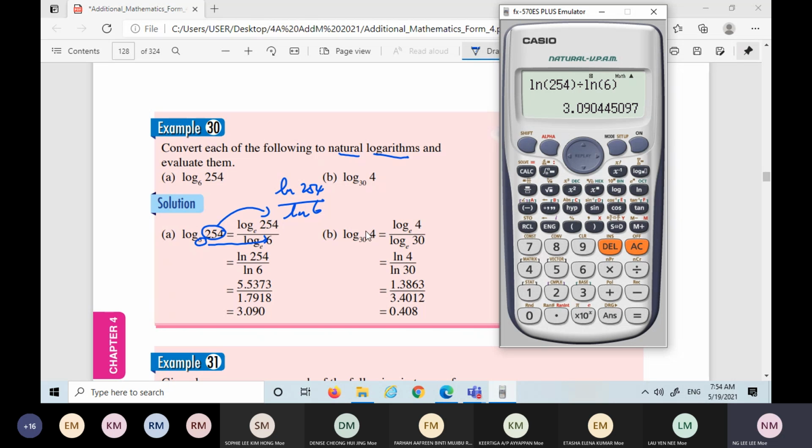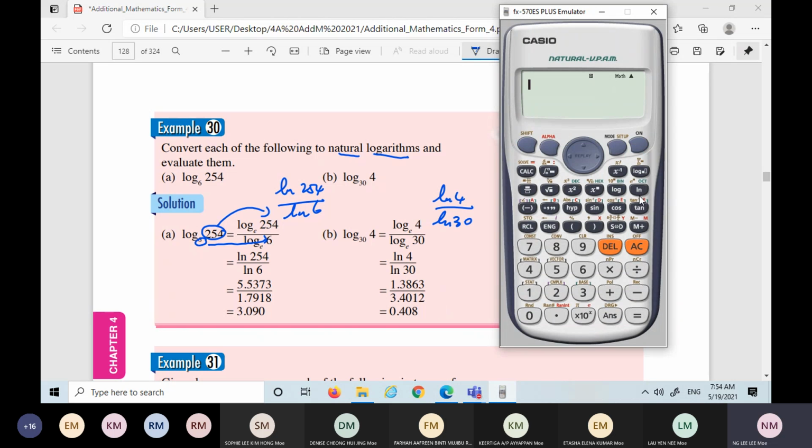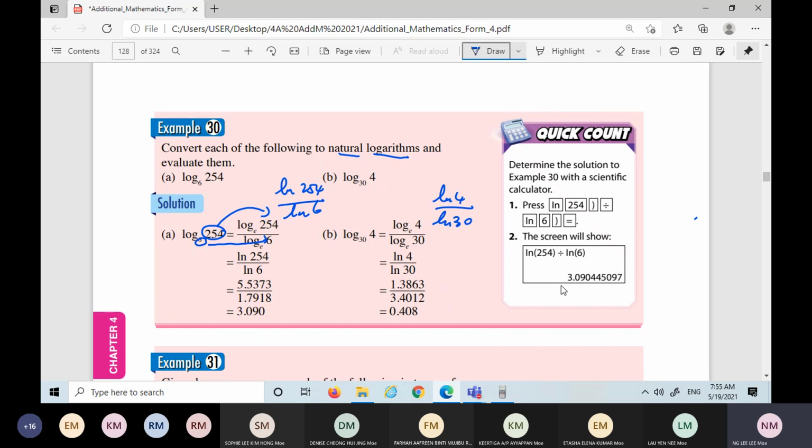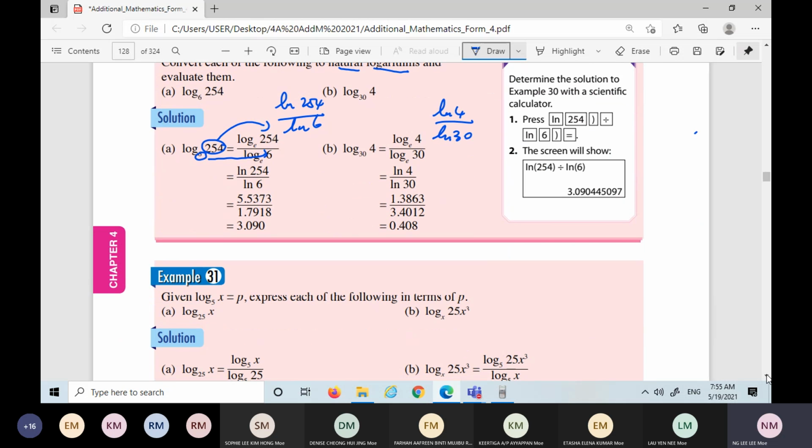B is the same thing. It is ln 4 over ln 30. So ln 4 close bracket, divide by ln 30. So these are the steps for using the calculator.